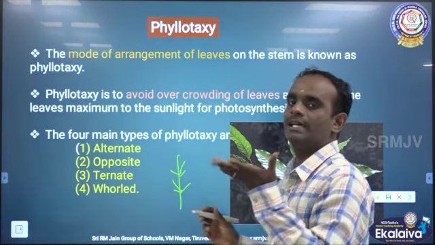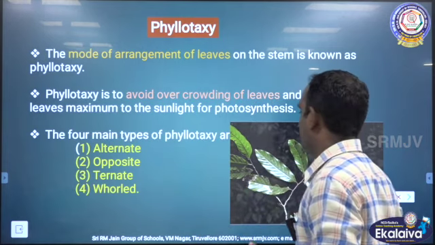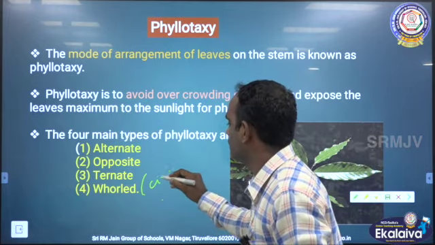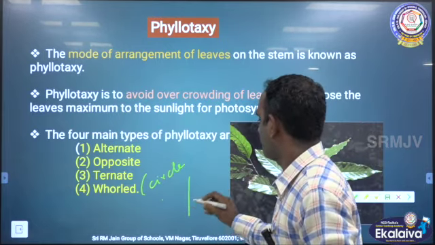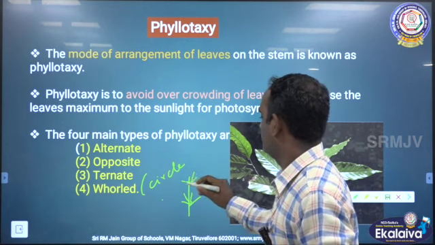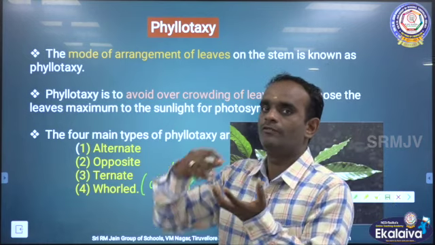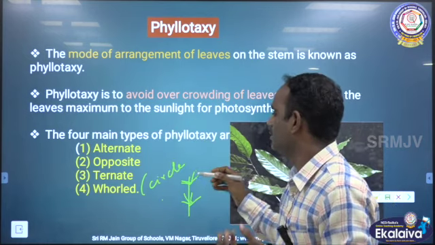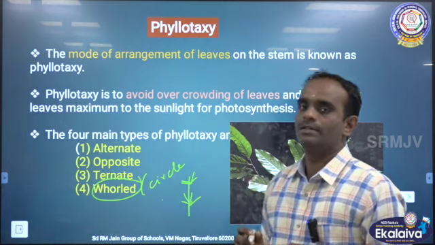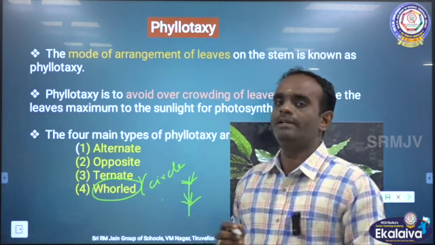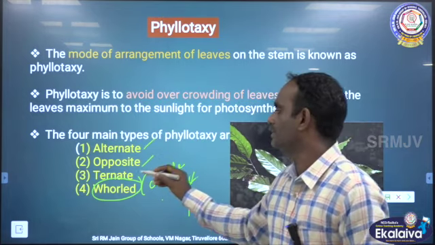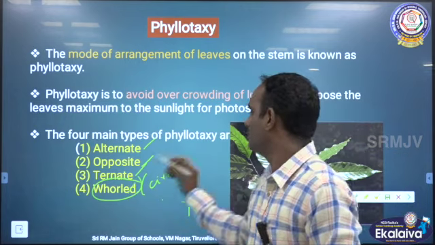This is called ternate Phyllotaxy. And fourth one is whorled. Whorled is nothing but circle. In a node, four leaves arise. So, that is called whorled Phyllotaxy. Phyllotaxy, there are four main types. One is alternate, second one is opposite, third one is ternate, and fourth one is whorled.